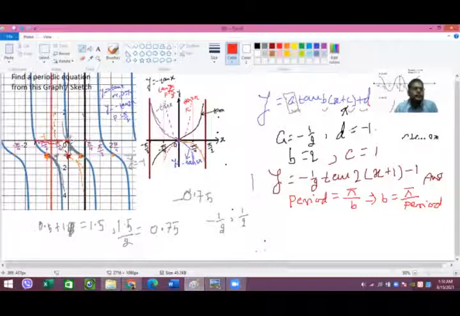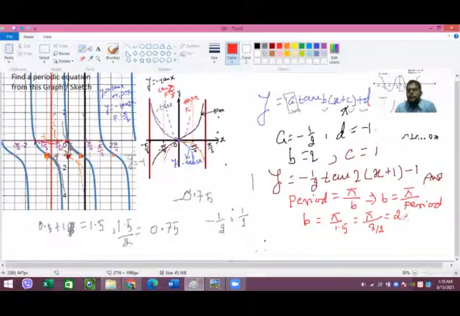So this is 1/2, another half, and then the third half is 1.5. So in this case b equals to pi by 1.5, and 1.5 you can write as 3/2, because 3/2 is also 1.5, and in the denominator it goes up after reversing this fraction. So it will be 2π/3.